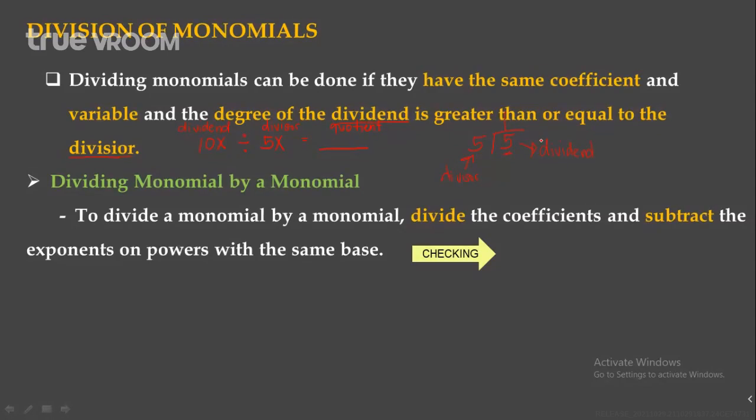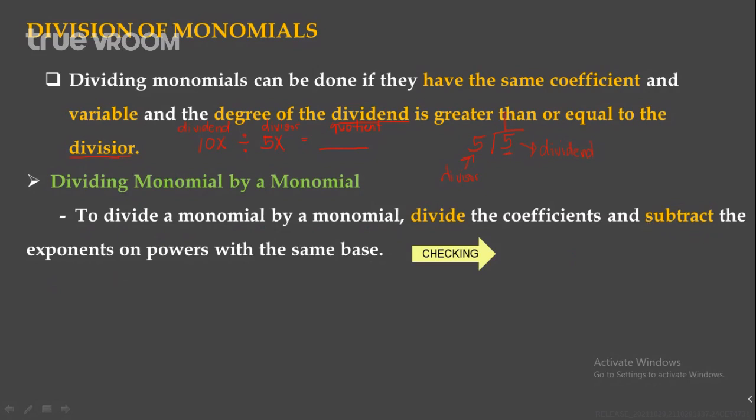Yes. All right. So we also have here the rule for dividing a monomial by a monomial. Monomial, one term, by another one term, which is a monomial. So we have the rule: to divide a monomial by a monomial, divide the coefficients and subtract the exponents on powers with the same base. So students, in multiplication, we are not subtracting, we are adding.